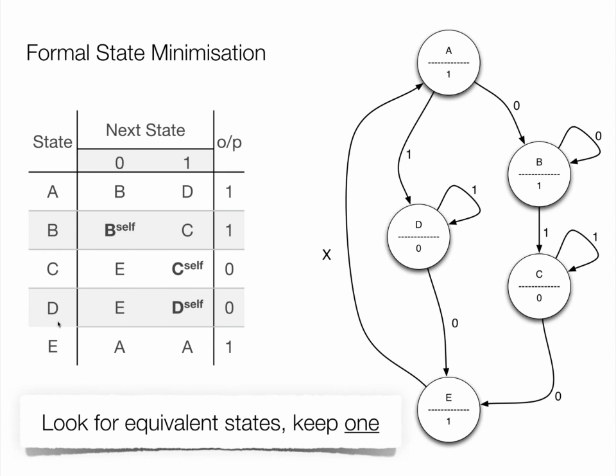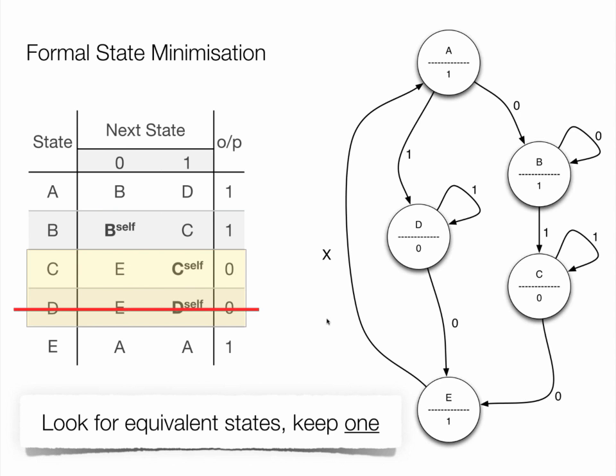So C and D, the outputs are the same. When the input is 0, you go to E. When the input is 1, they both go to themselves. So self and self are considered equivalent. So they are considered the same.